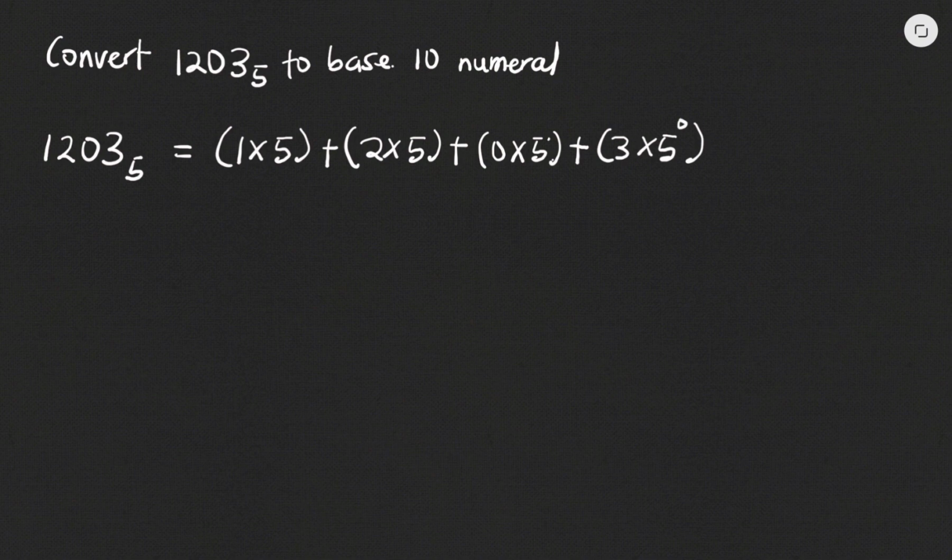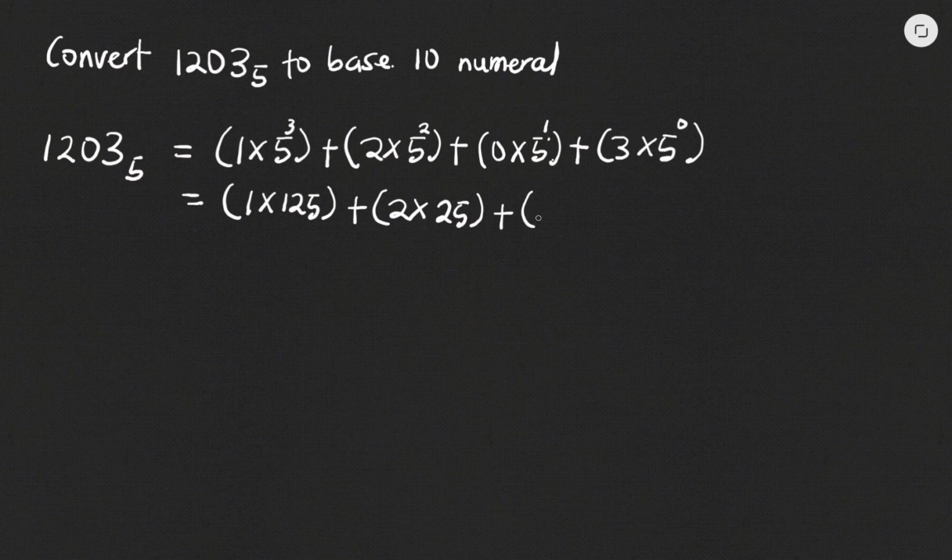So we have 0, 1, 2, and 3 over here. So we have 1 multiplied by 5 raised to the power 3 gives 125, plus 2 multiplied by 5 raised to the power 2 gives 25, plus 0 multiplied by 5 raised to the power 1 is 5, plus 3 multiplied by 5 raised to the power 0 is 1.